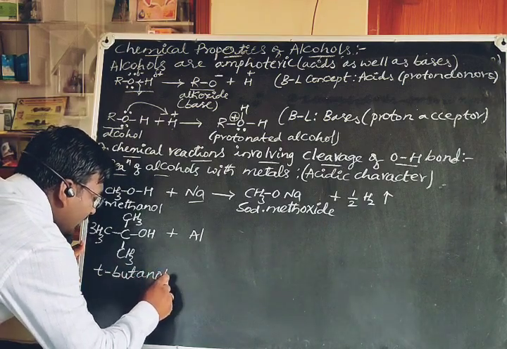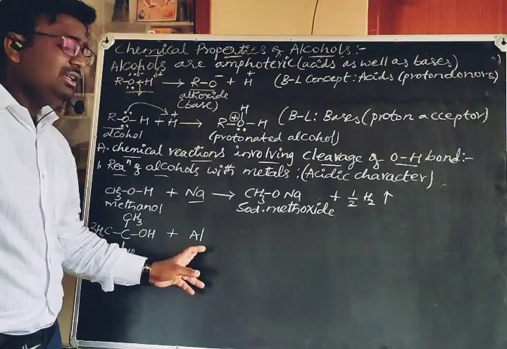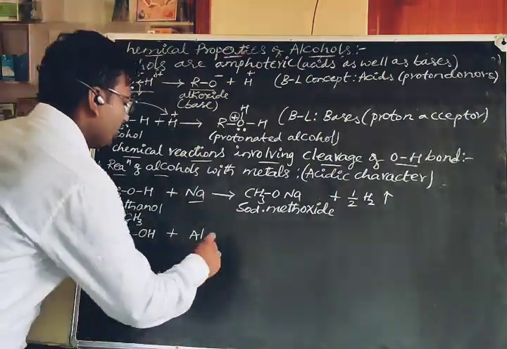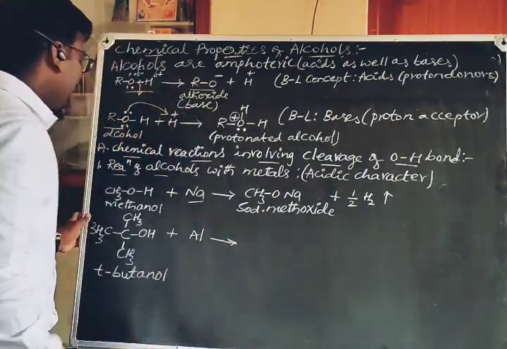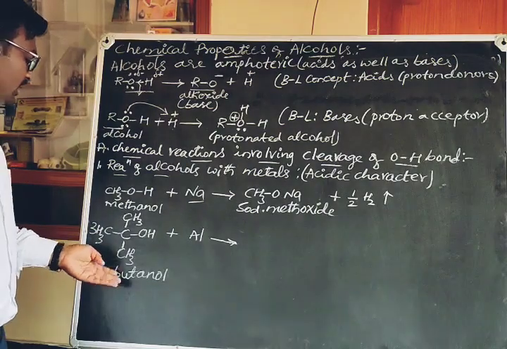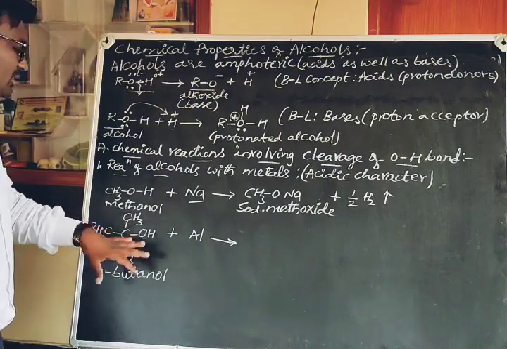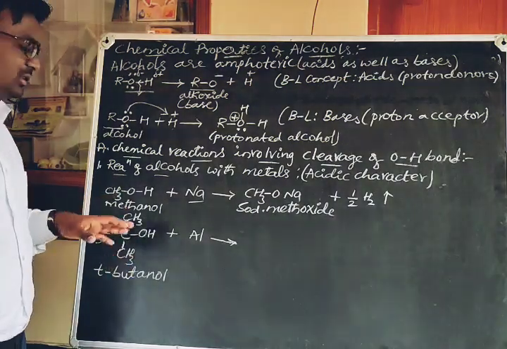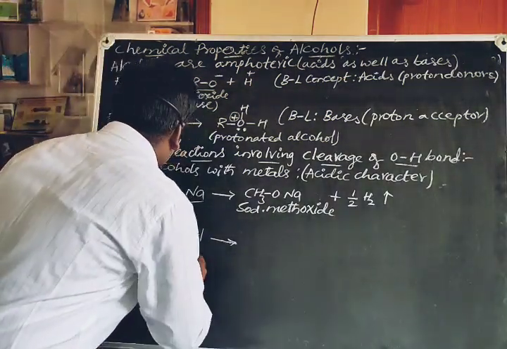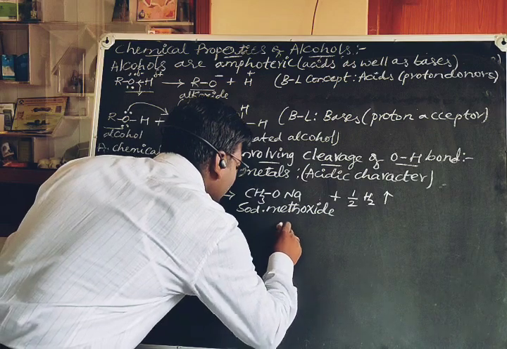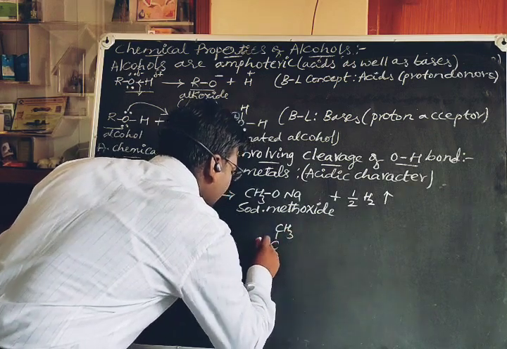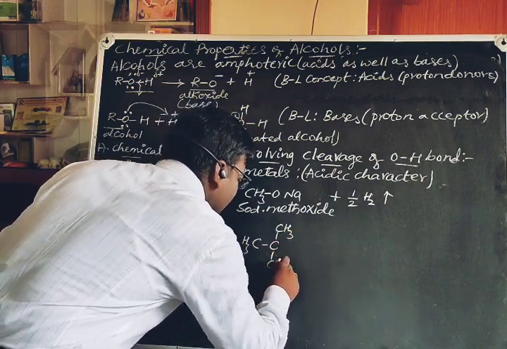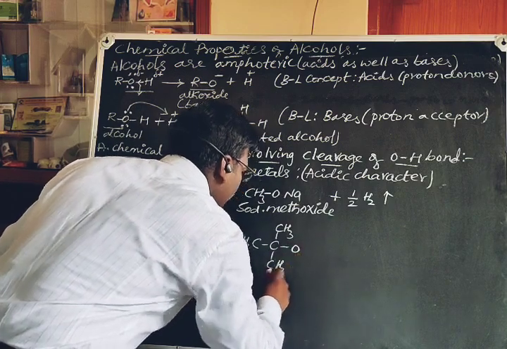When this tertiary butanol is treated with aluminium, it forms aluminium tertiary butoxide. For example, after the reaction you get this compound, with CH3O.